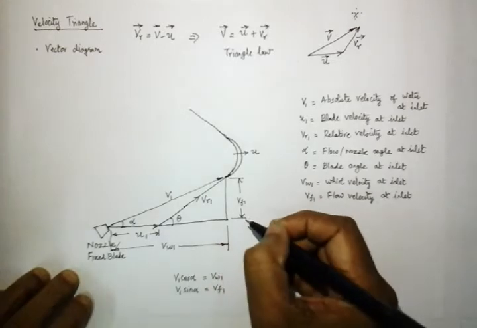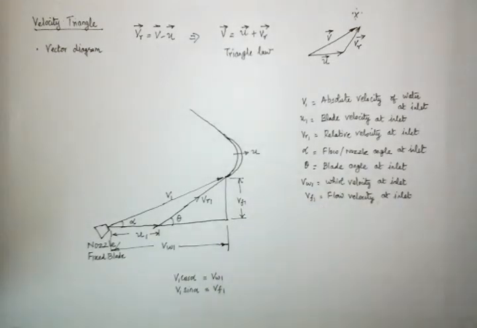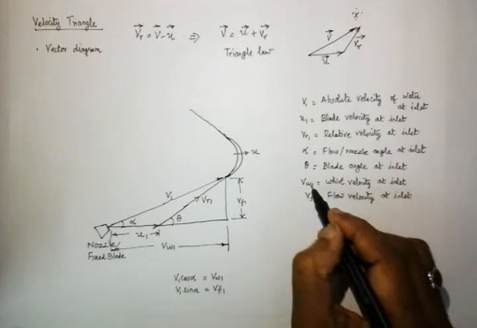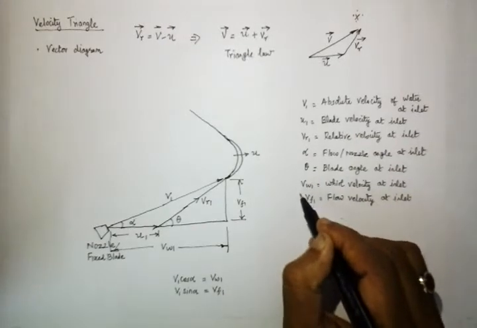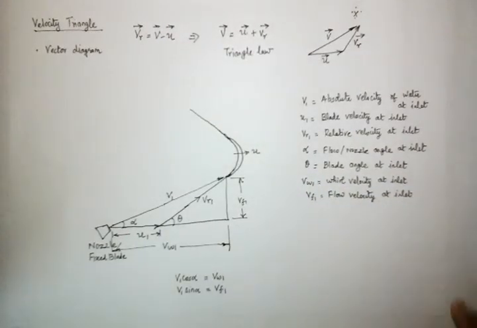So that is the Vf1 component, the flow velocity at inlet. So these two are the components. Let me come to the significance of the whirl velocity at inlet and the flow velocity later. You are supposed to know and understand this very clearly.